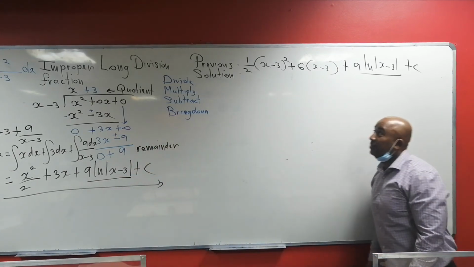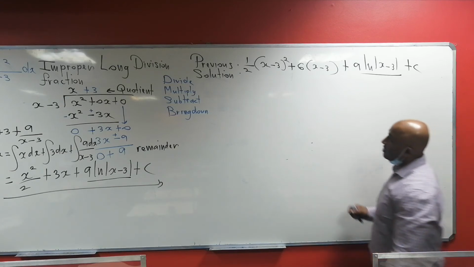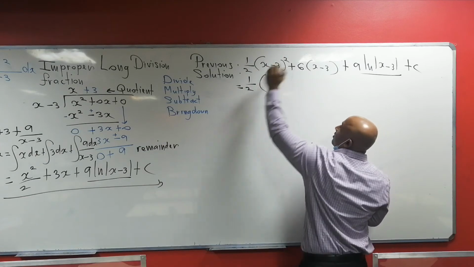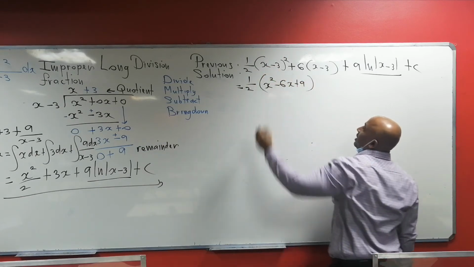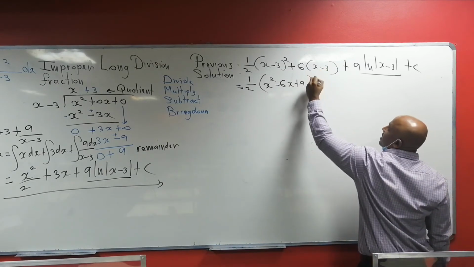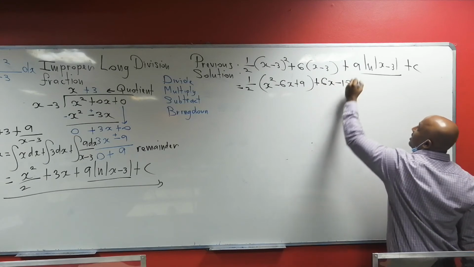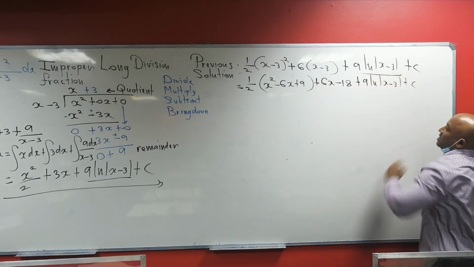Now let's see what's happening with the other terms. If I have to go and simplify this, this is going to be 1 over 2. X minus 3 all squared is the same as x squared minus 6x plus 9. 6 times x, that's 6x. 6 times minus 3 is minus 18 plus 9 ln absolute value x minus 3.